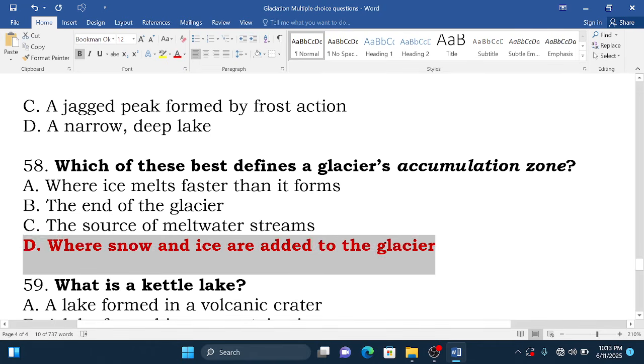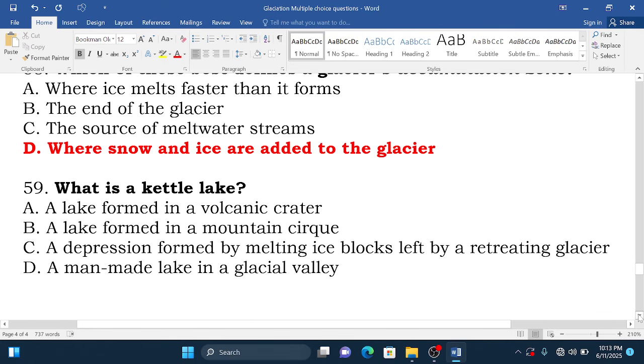We reach question number 59. What is a kettle lake? A, a lake formed in a volcanic crater, which is wrong. B, a lake formed in a mountain slit, wrong. C, a depression formed by melting of an ice block left by a retreating glacier, correct.